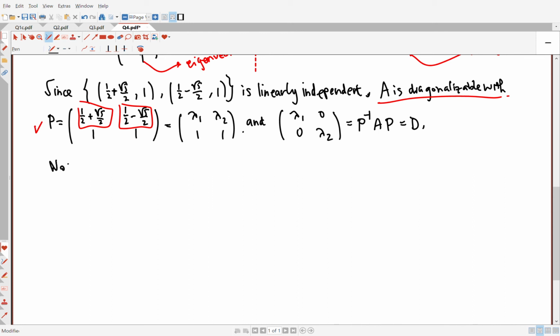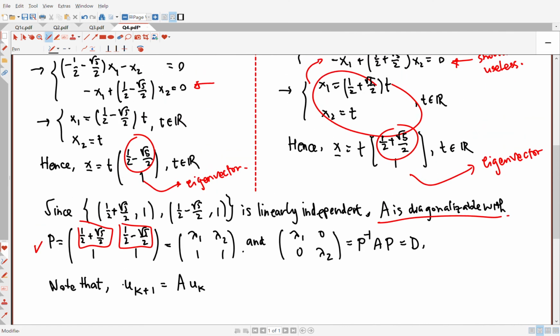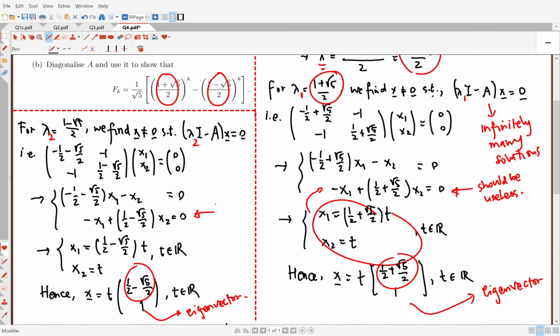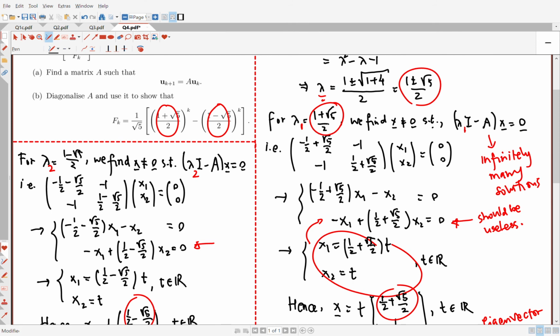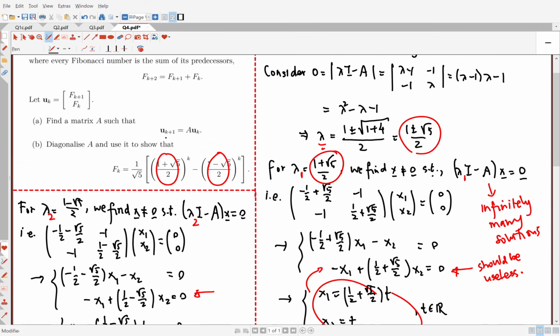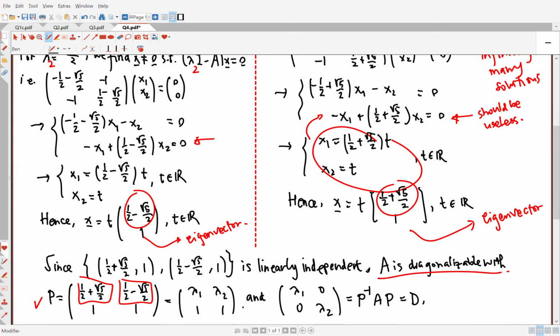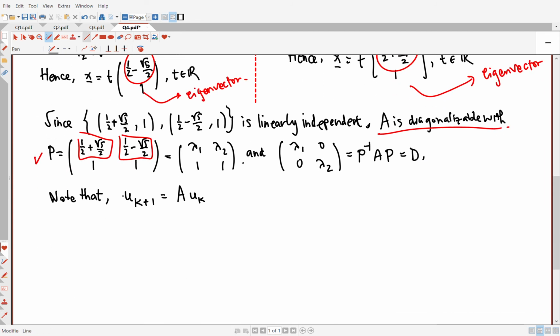So note that u_(k+1) is equal to A times u_k, and, okay, I should use u_k is A times u_(k-1).